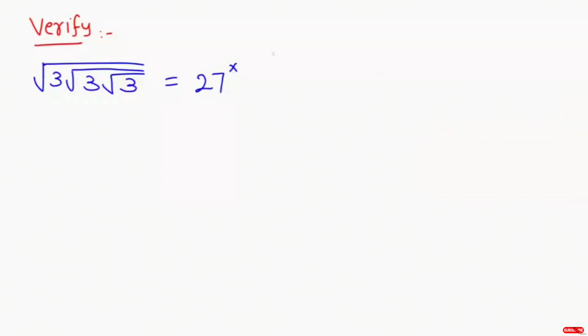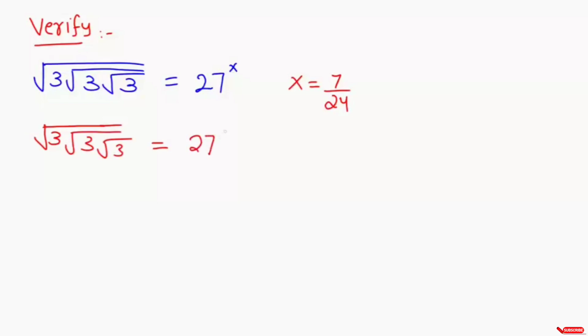Now here I'm going to plug in the x value, that is 7 over 24. Root of 3 of root of 3 of root of 3 is equal to 27 to the power of 7 over 24.